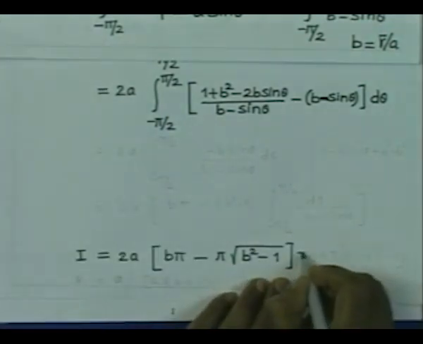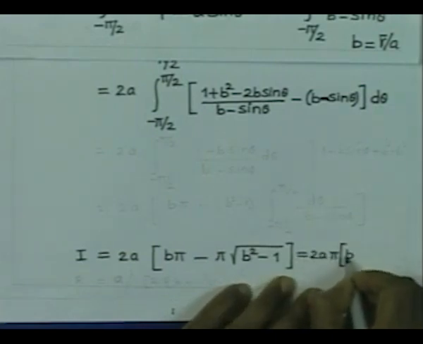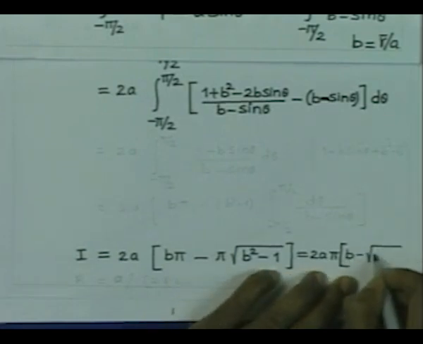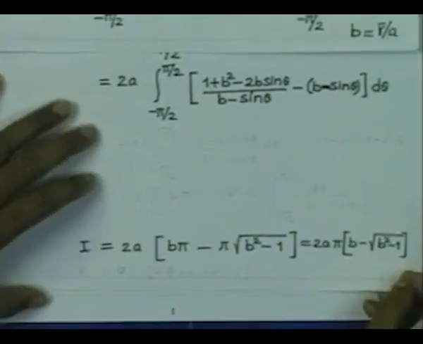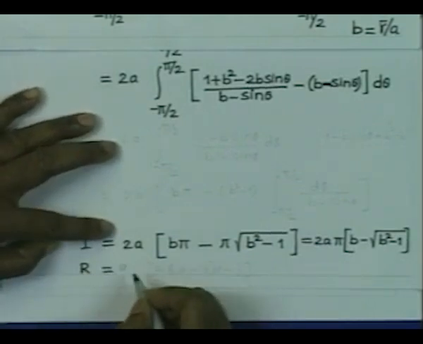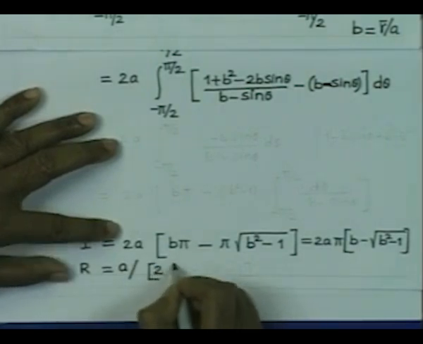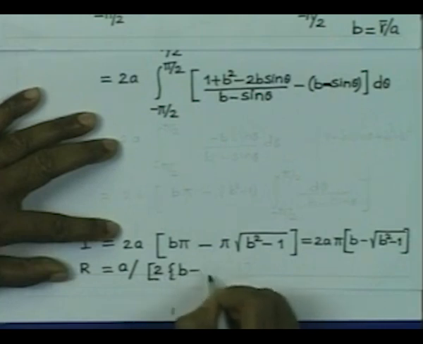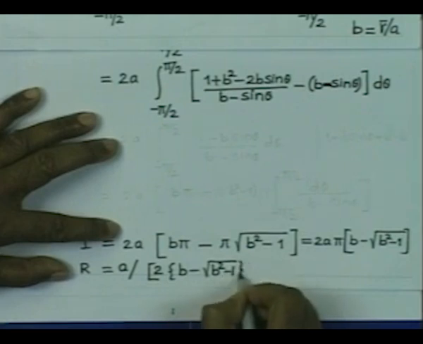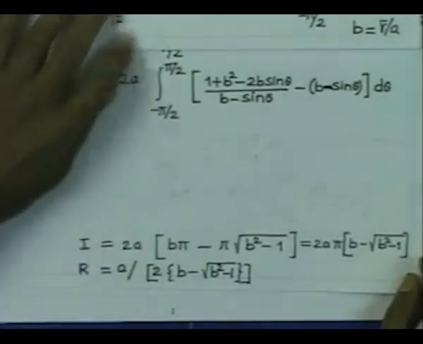Hence r is equal to area pi a square divided by this I. So, pi will cancel and therefore, we will have this expression for r, 2 by b minus the square root of b square minus 1, that is the value of the radius of curvature.